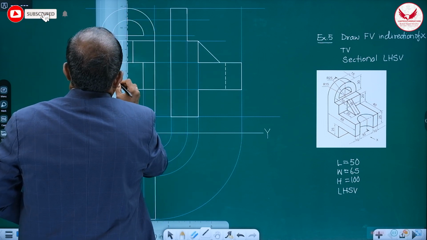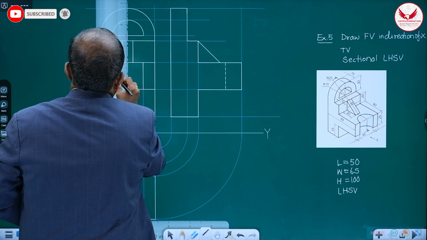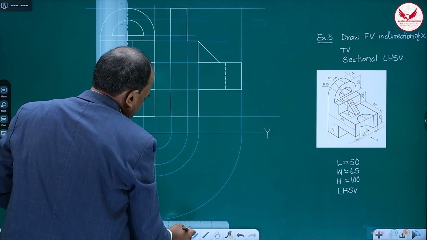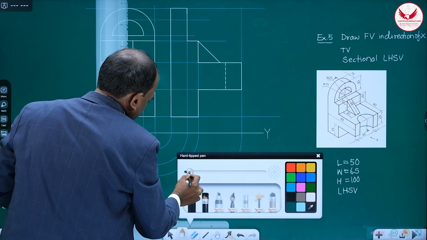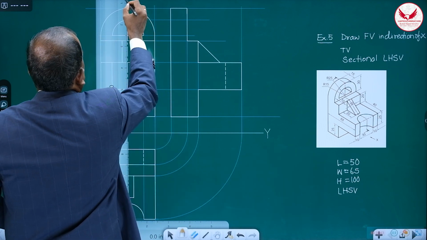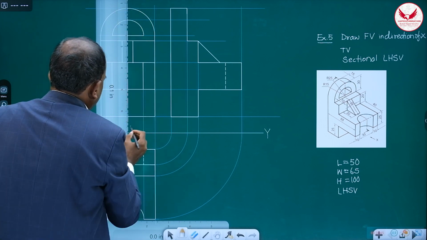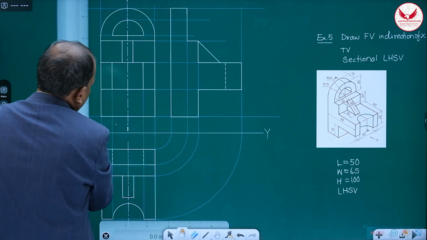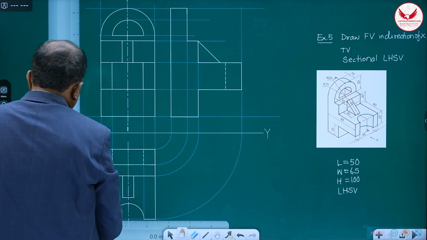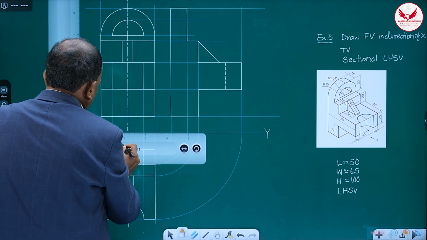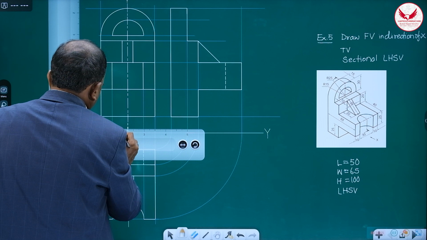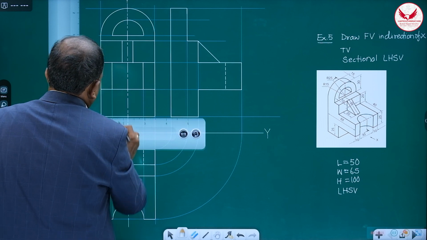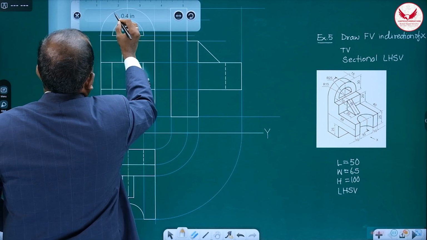So whatever part is there, this portion and this portion you have to make dark, then the arc, and then show the arrow like this. Similarly at this place also.